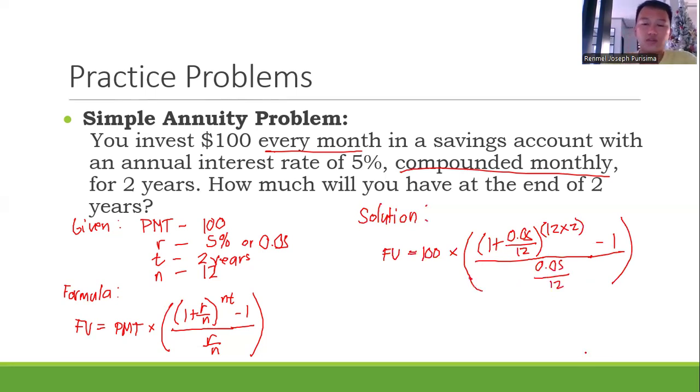So let's compute. 0.05 divided by 12, plus 1, raised to 24, minus 1, divided by 0.05 over 12, times 100.